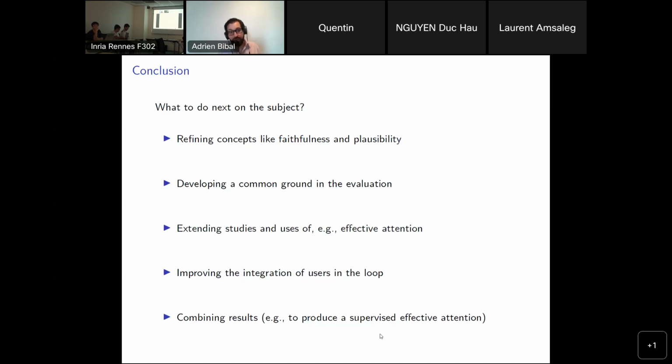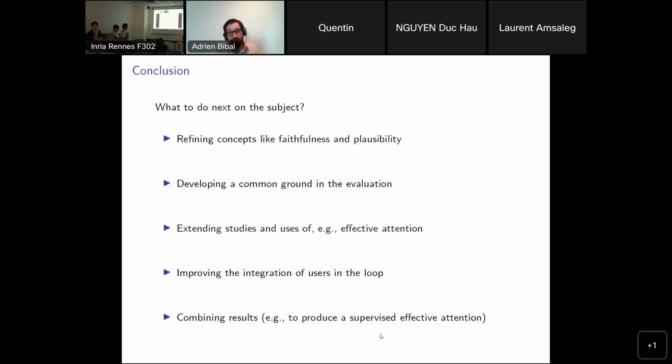It's very difficult to analyze all of these papers, but at least they all mention the same debate and they all take a position in the debate. So that's the common ground that we use to consider the papers. Otherwise, there are thousands and thousands of papers mentioning attention and explanation, and with a lack of common ground, it's difficult to make them discuss together.